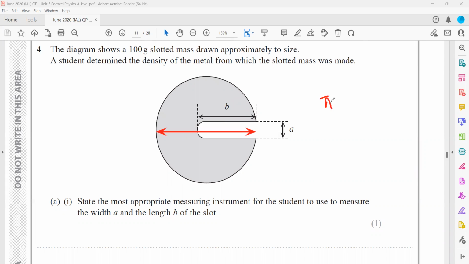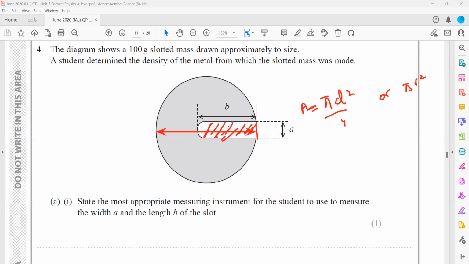Area will be pi r square or pi d square by 4. The area of cross section is pi r square or pi d square by 4. We'll work out the total area, and from the total area we subtract the removed area, the area which was removed from it, so we can work out the total shaded area.